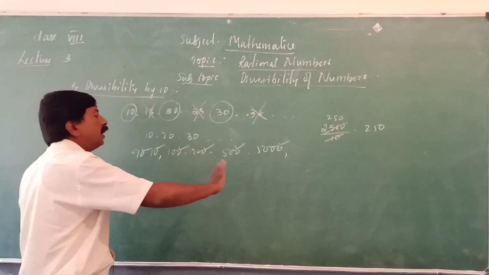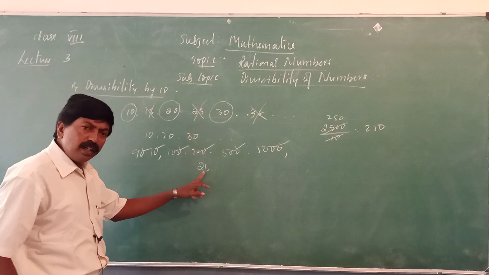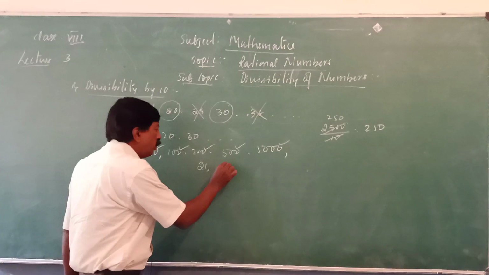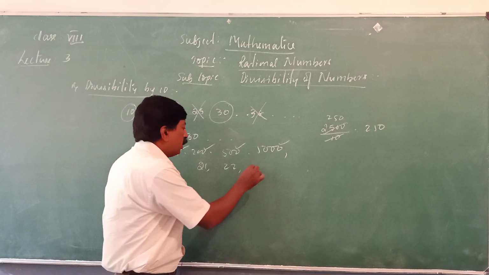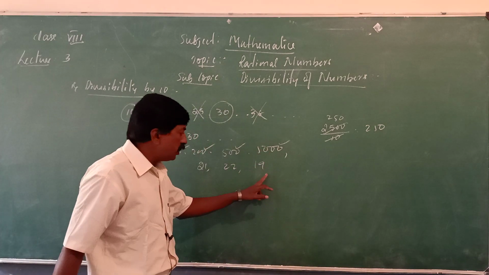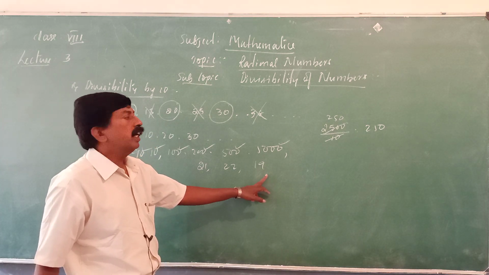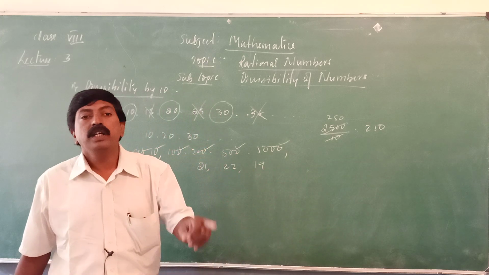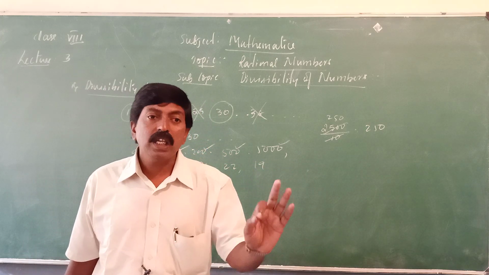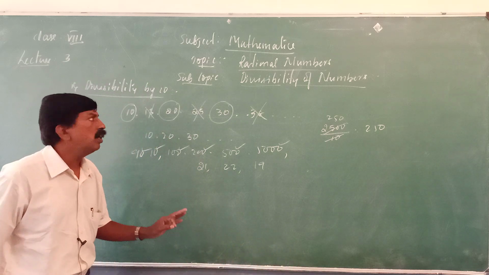Otherwise, by taking any value, 21, the unit place is 1, it is not divisible by 10. 22, the unit place is 2, it is not divisible by 10. 19, the unit place is 9, it is not divisible by 10. Therefore, only if the unit place has a 0, such numbers are divisible by 10. Remember this rule.